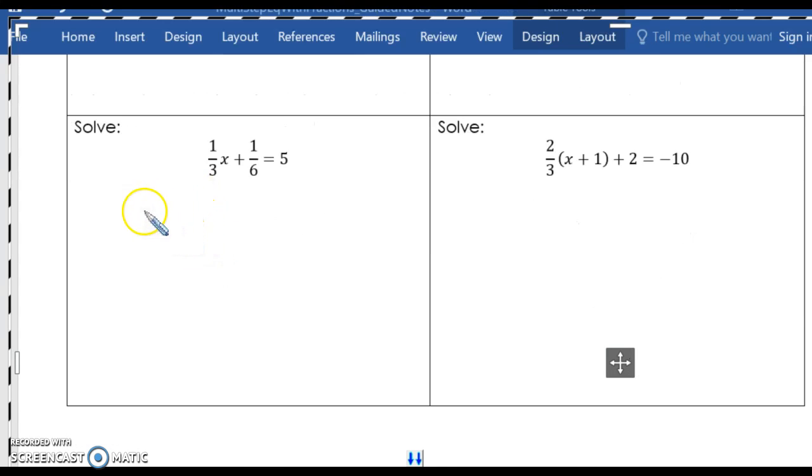Here we need to find the least common denominator of 1/3 and 1/6. So if we multiply both sides of the whole equation by 6, 6 times 1/3 becomes 6/3.